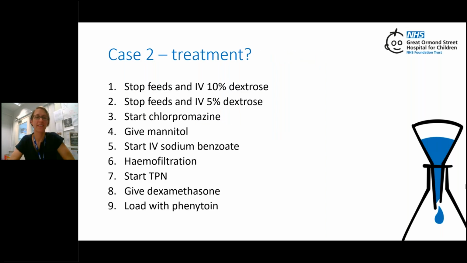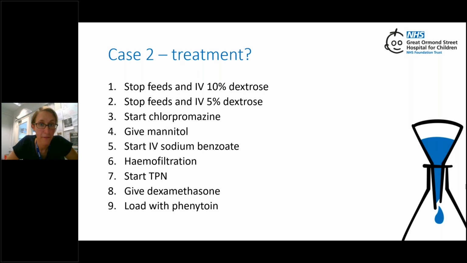Okay, and next you can think about this question again in regards to management. What would be the three things top on the list that you would do? Again, you can have a little bit of time to think about it. If you want, you can chat to me and just write down what you would do. So your choices are, you could either stop feeds and give 10% dextrose IV.